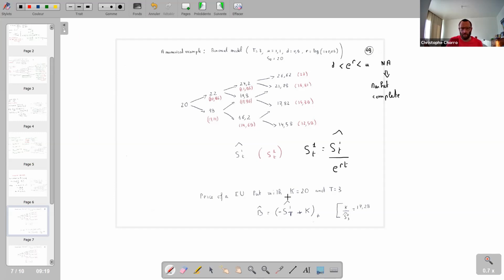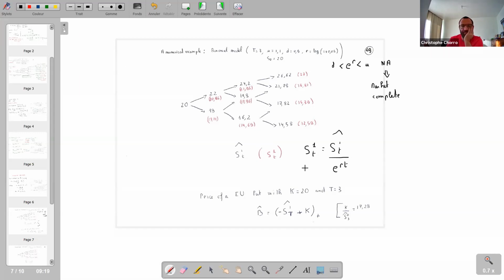So my contingent claim here is a put option on the unique risky asset of my model, with a strike equal to K. And my objective will be to price and to hedge this contingent claim in my model.